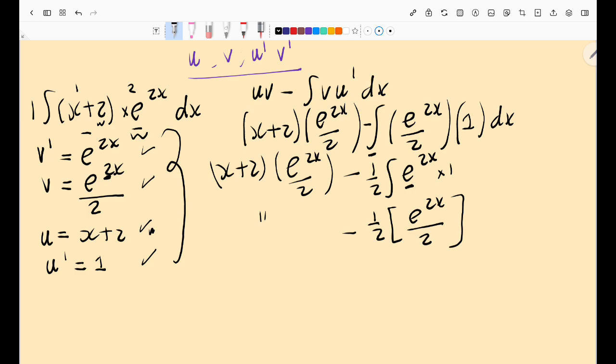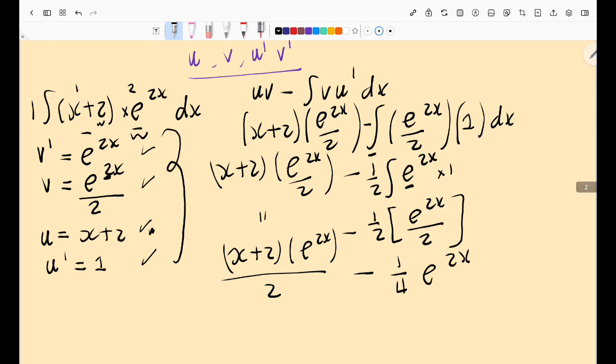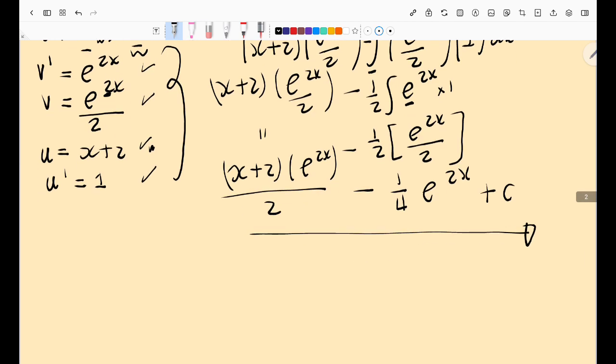So my answer should be x plus 2 times e to the power of 2x over 2, right, minus 1 over 4 e to the power of 2x, right? And then not forgetting my c. So that should be your answer, right, for the first one.